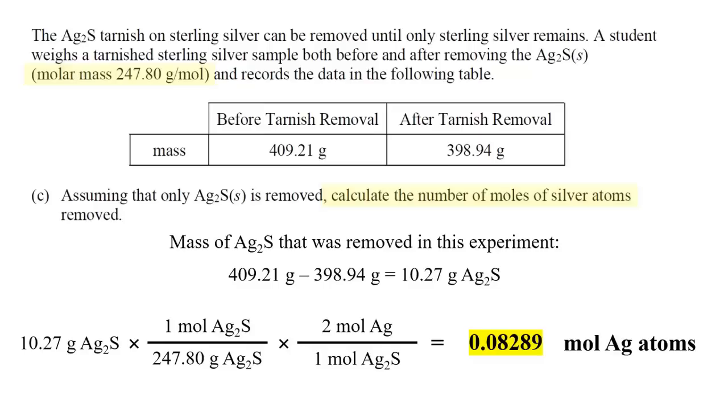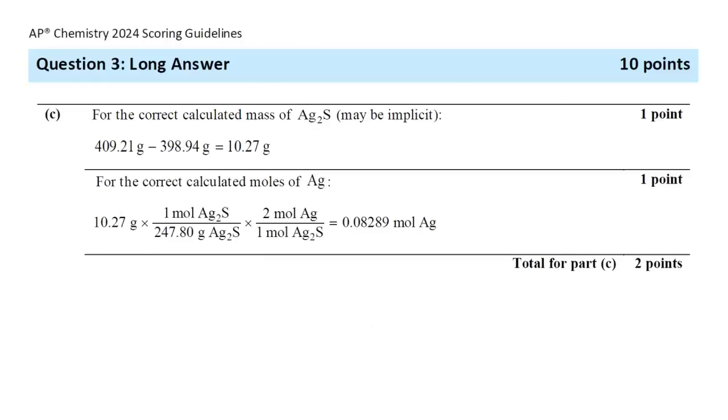We now have, on the next slide, the official scoring guidelines for Part C of Question 3 from the 2024 AP Chemistry exam. And this was a 2-point question, so 1 point was awarded for calculating the correct mass of Ag2S, and then the second point was earned for calculating the correct moles of silver.